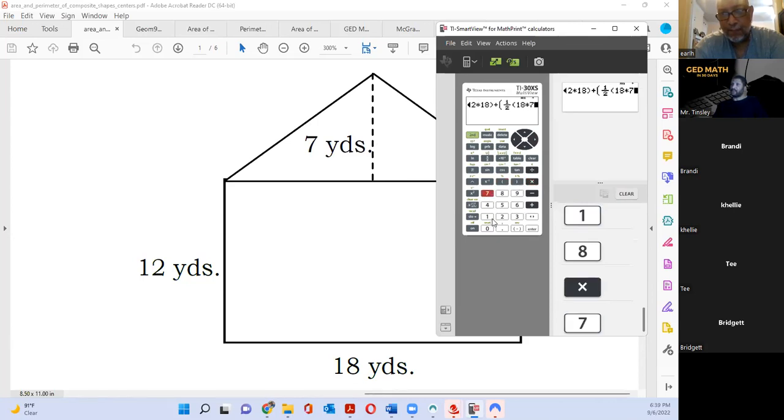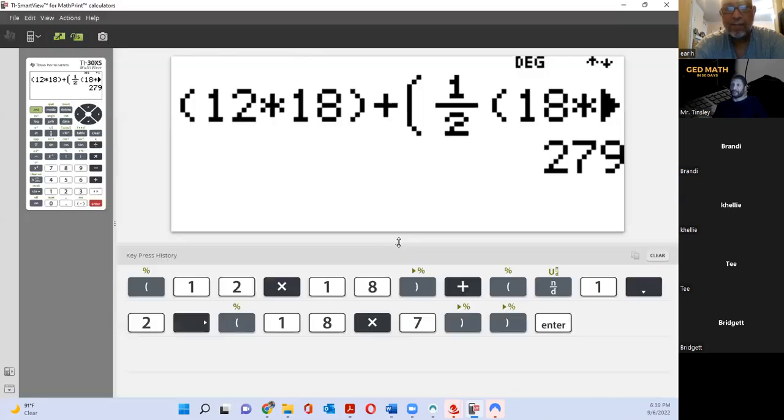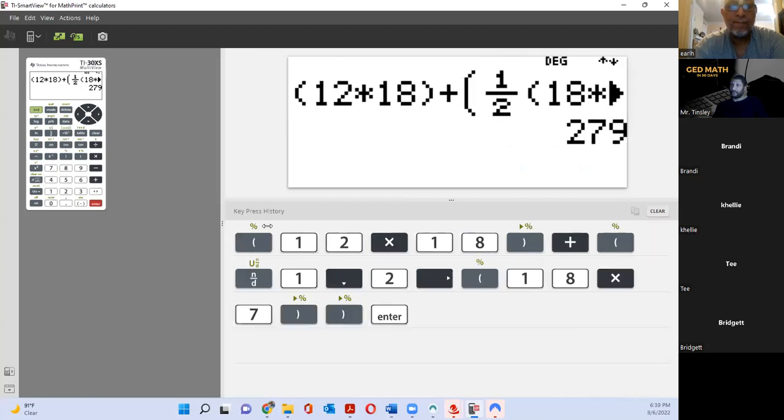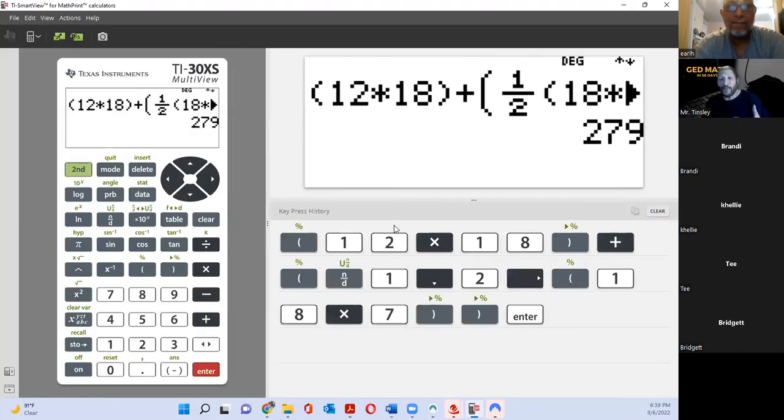Close my parentheses, close my parentheses. Same answer, 30 seconds. Knowing your formulas and being able to identify what's given, you can plug them directly into the calculator.